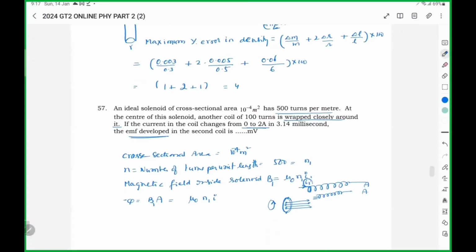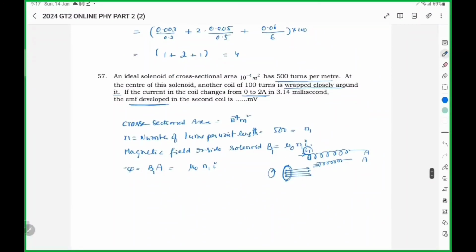Now, the second solenoid also contains 100 turns. So the total flux through 100 turns will be mu naught n1 I into N2 into area.